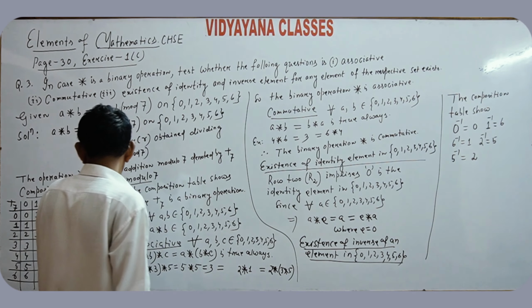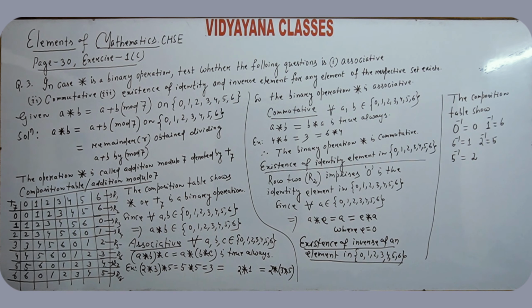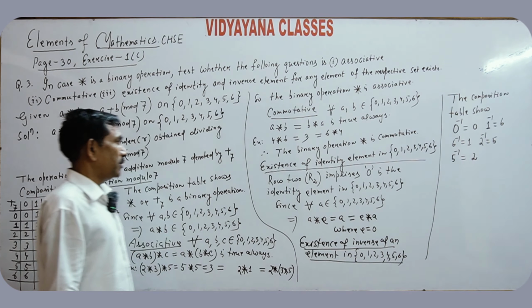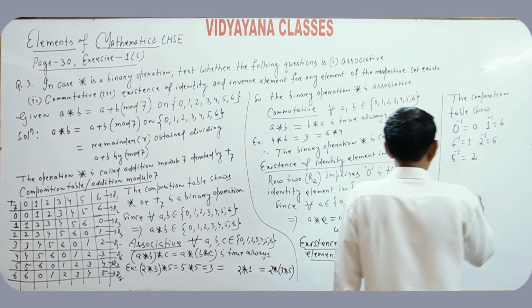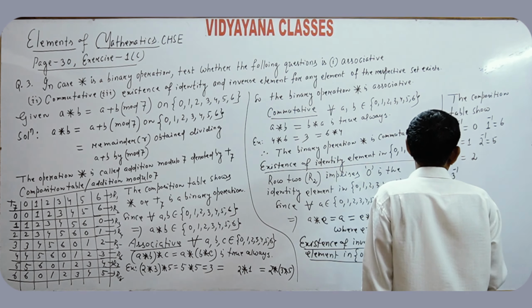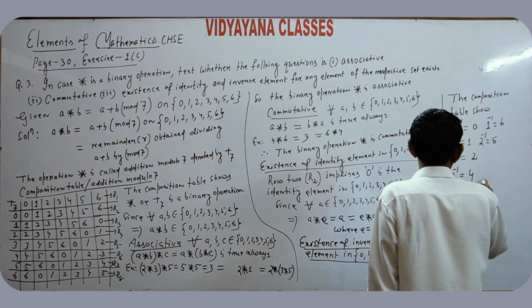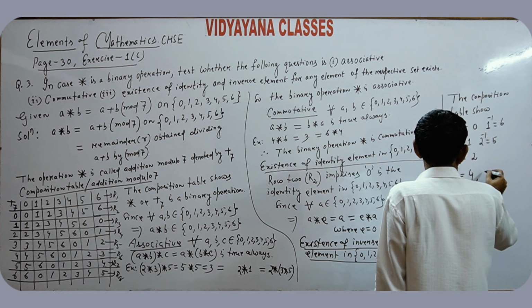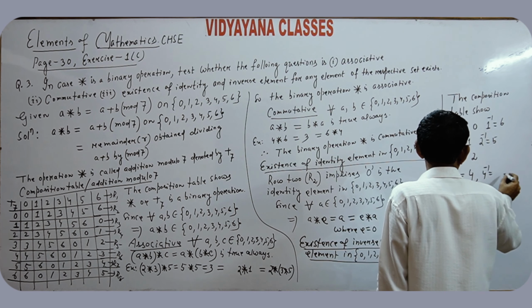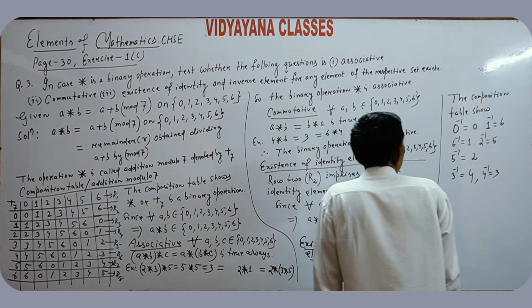Inverse of 4 is 3: 4 plus 3 is equal to 7, and 7 divides 7 gives the remainder 0, which is the identity element. Inverse of 3 is equal to 4 and inverse of 4 is equal to 3.